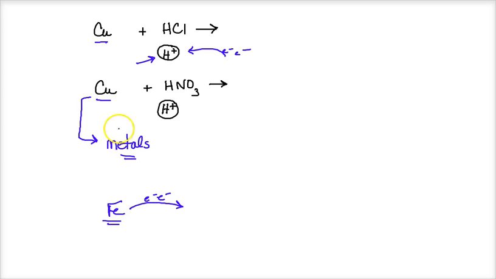So metals hold electrons loosely, and it should be understood that this H plus should be able to pull electrons away. Now, the problem is that's not always the case. This question of whether or not H plus can pull electrons away is twofold, and we'll get to that. But what do we expect to happen?